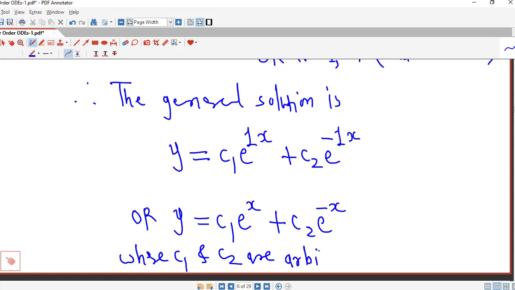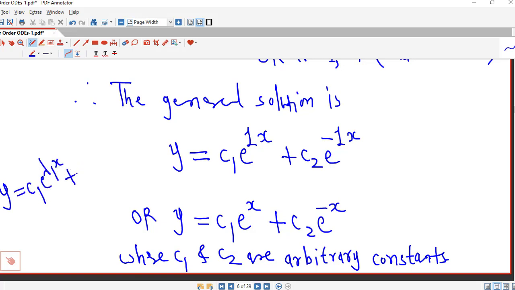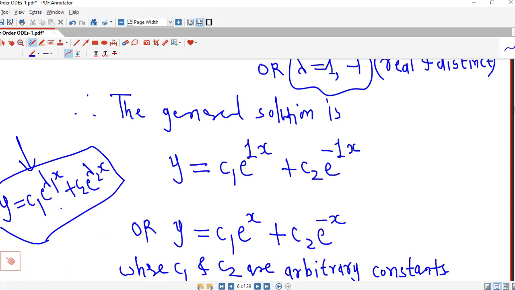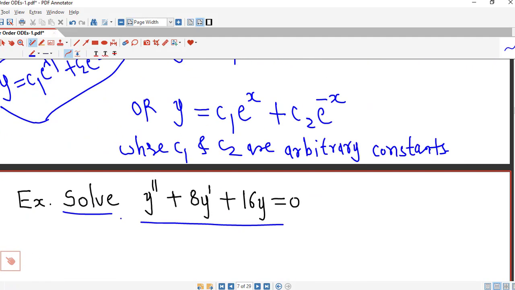So if the roots are real and distinct, we must write our general solution as y equal to c1 e raised to lambda 1x plus c2 e raised to lambda 2x. If lambda 1 and lambda 2 are real and different, this is the general solution. So in this case both the roots are real and different, so we put lambda 1 equal to 1 and lambda 2 equal to minus 1.